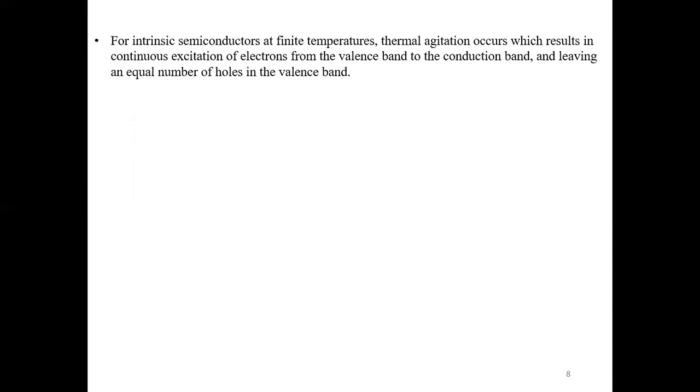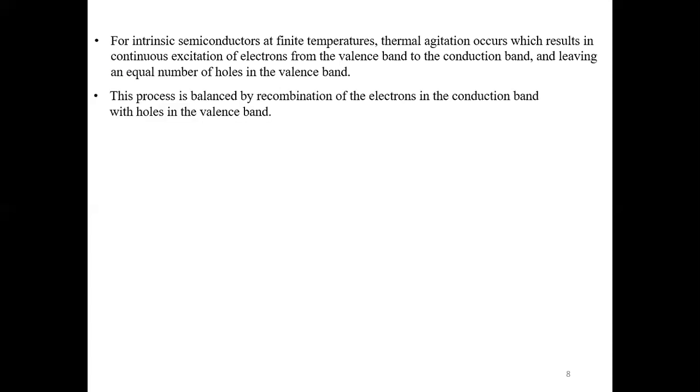Now, an important concept is that for an intrinsic semiconductor at finite temperature, thermal agitations occur, which result in continuous excitation of electrons from the valence band to the conduction band, leaving an equal number of holes in the valence band. That's the normal state.